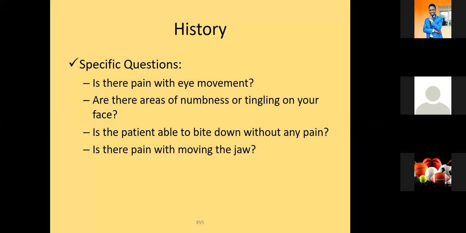When they move their eye right, left, up, down, are they experiencing pain? Simple things, but I think you guys have already done ophthalmology, so facial injuries can sometimes impact the eyeball.